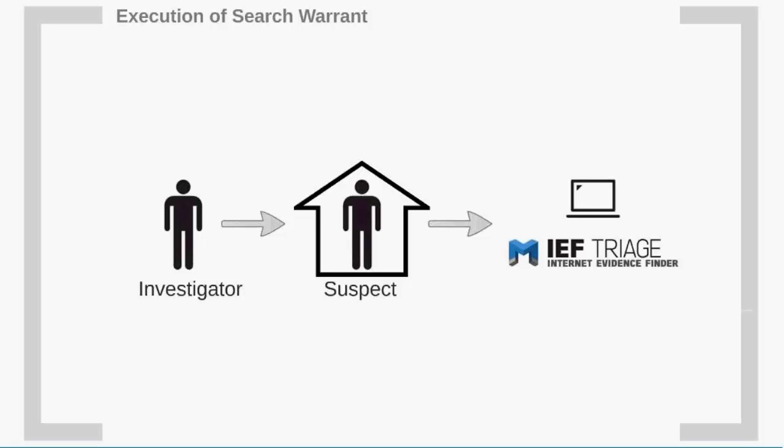By running triage, and we'll go through some of the evidence that's found in the later slides, we're able to find and corroborate the Skype conversations that occur, the IP address information, and also identify some illicit images by using hash sets of known child exploitation images.